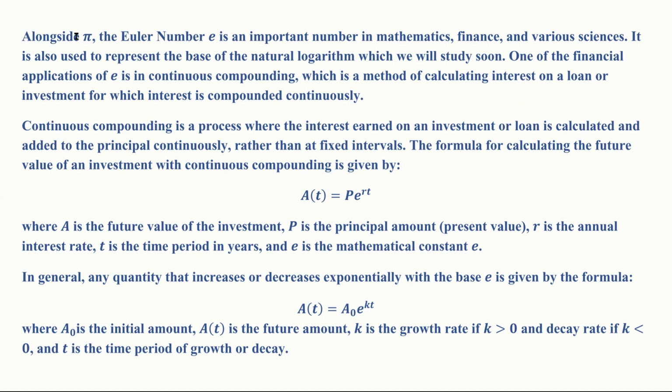Now, alongside pi, the other famous constant that we know about, the Euler number e is an important number in, as I said, math, finance, various sciences. It is also used to represent the base of the natural logarithm, which we will study soon.